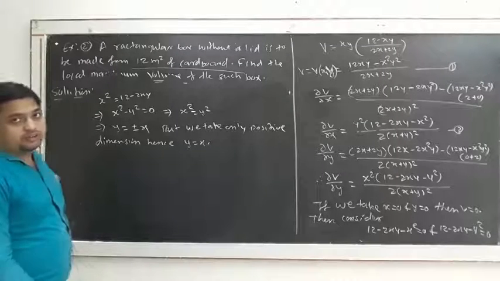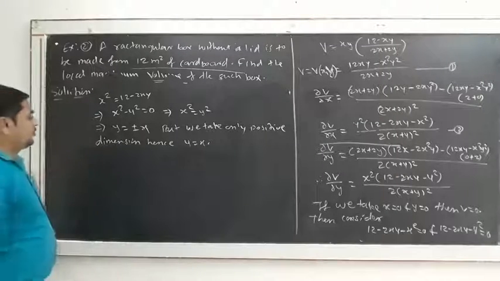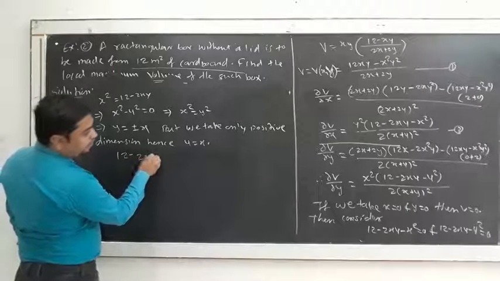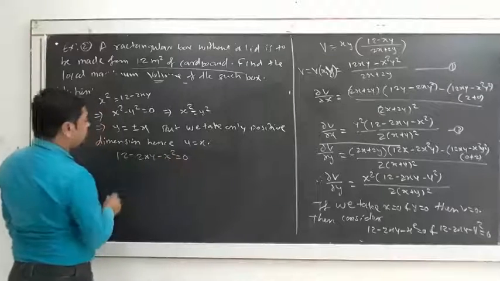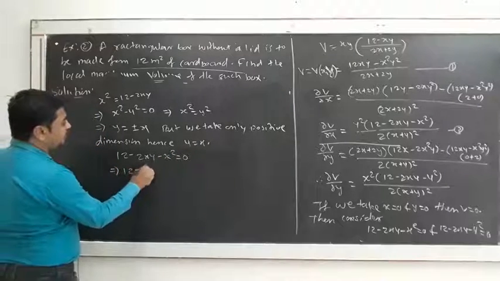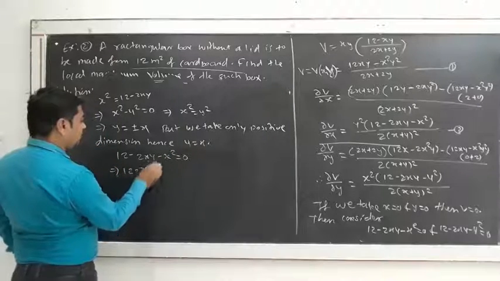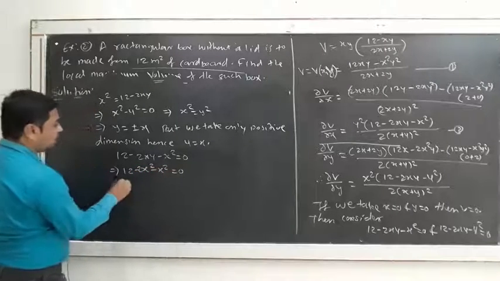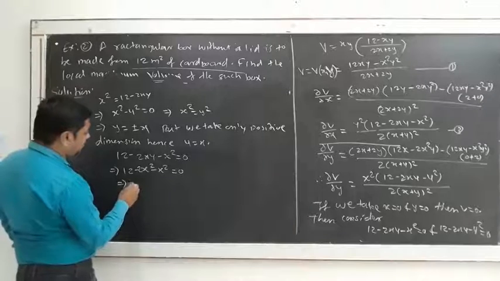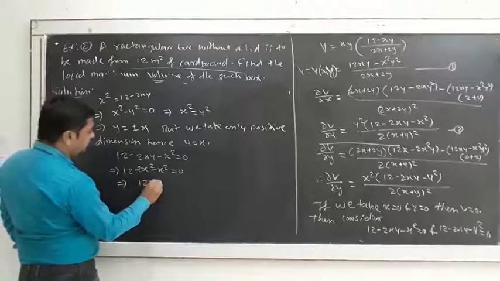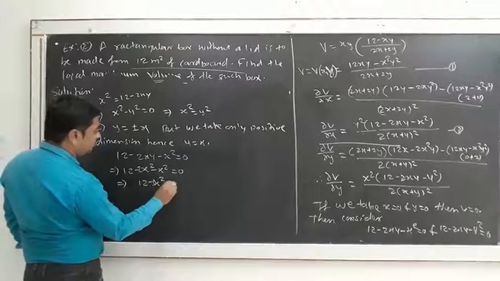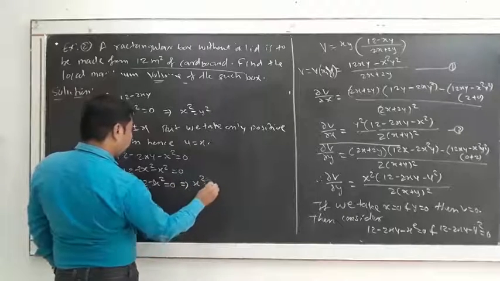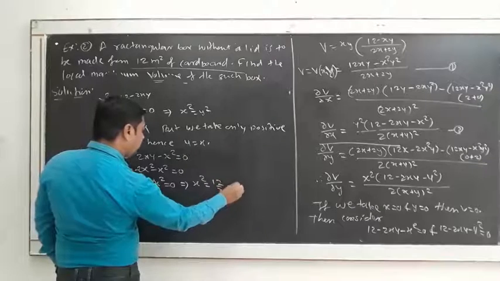Then what we are getting? 12 minus 2xy minus x square is equal to 0, and here 12 minus 2x square minus x square is equal to 0, and here you are getting the answer: 12 minus 3x square is equal to 0, therefore x square is equal to 12 by 3, which is 4.